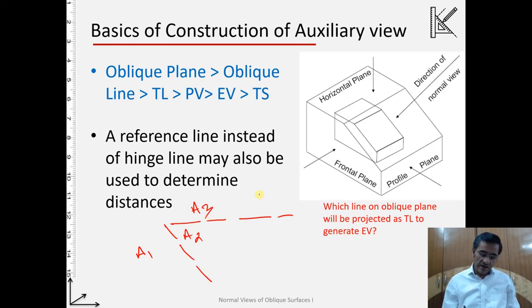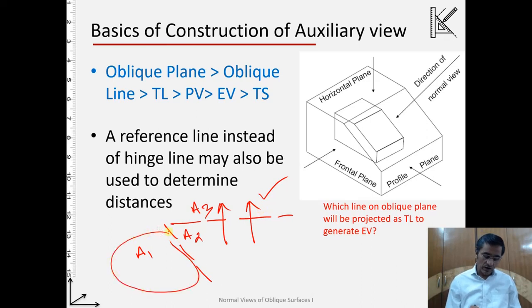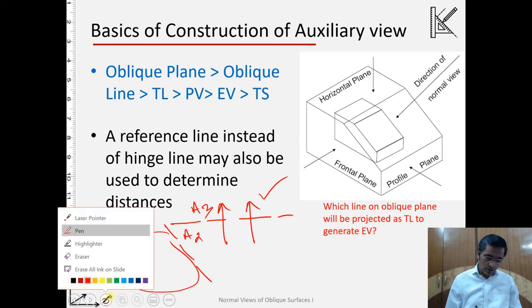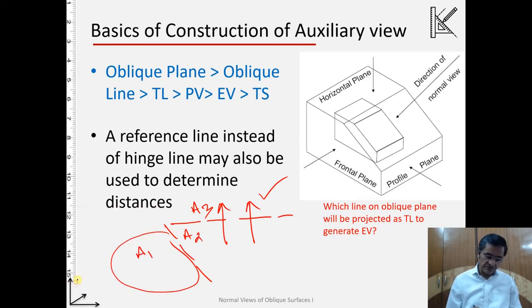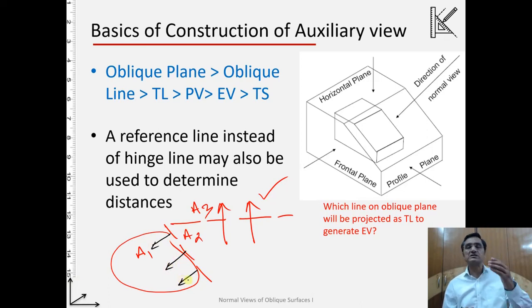Now on A3 I am trying to create the auxiliary view. For this I take the projector from A2. However, I measure the distances on A1, and so far we know the distances are measured from the hinge line. It is not necessary.